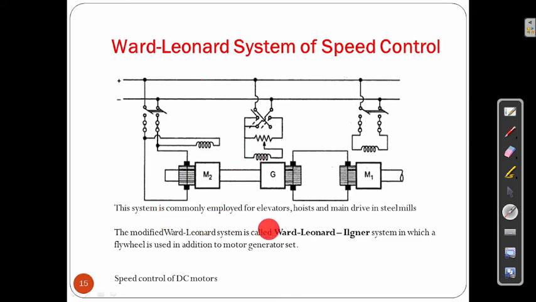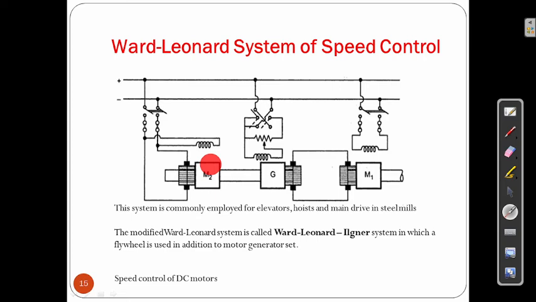This system is commonly employed for elevators, hoists, and main drives in steel mills. The modified Ward-Leonard system is called the Ward-Leonard-Ilgner system, in which a flywheel is used in addition to the motor generator set. In that method we use the flywheel.